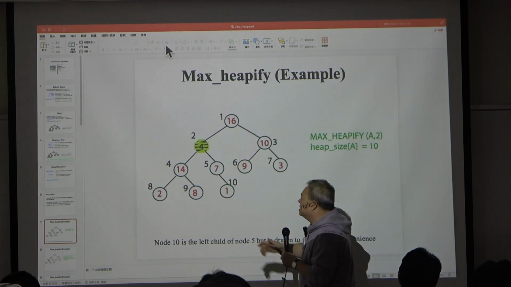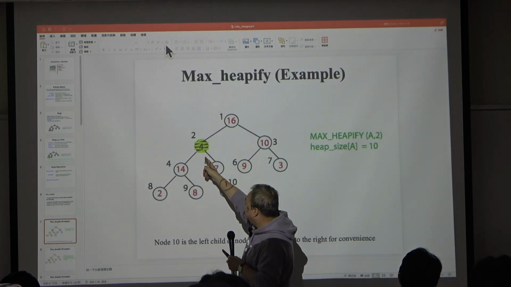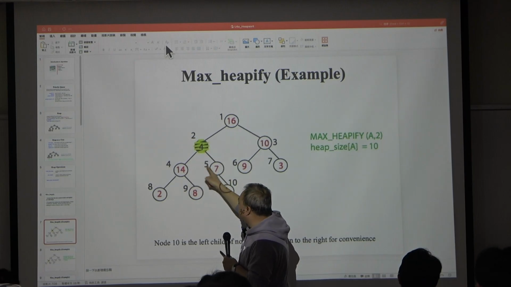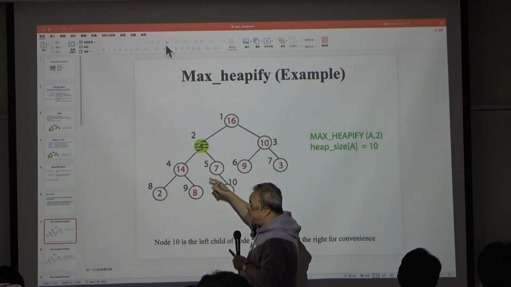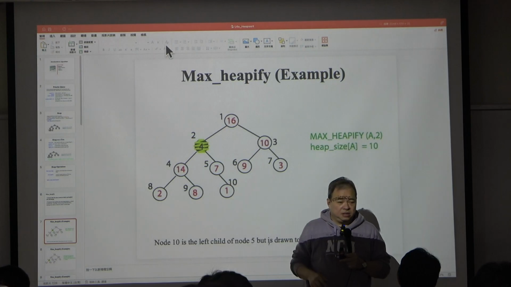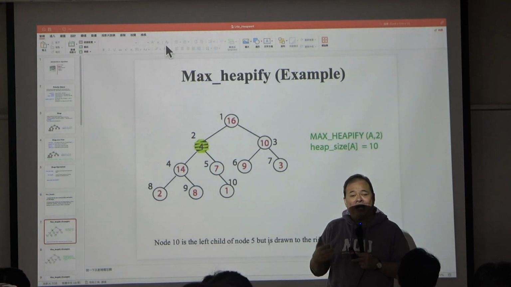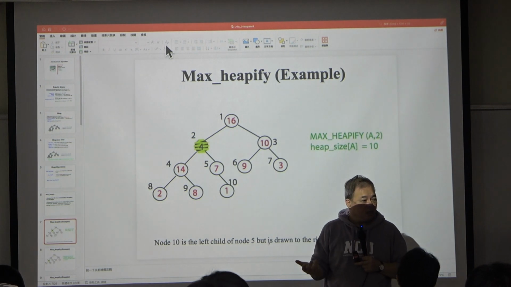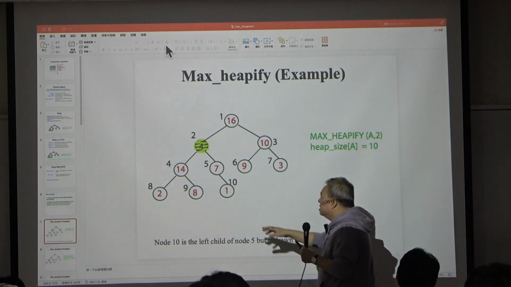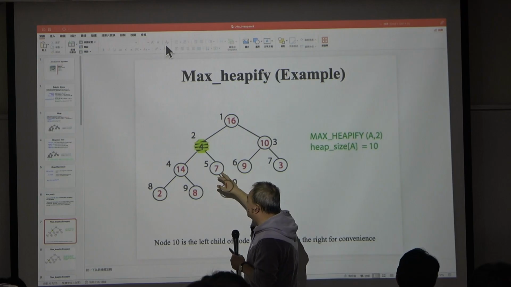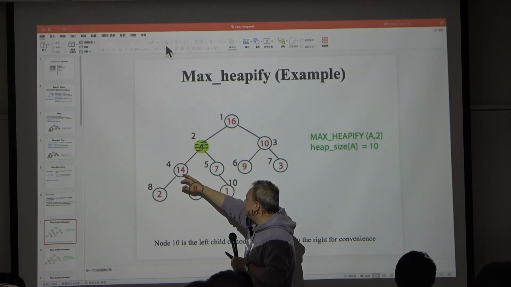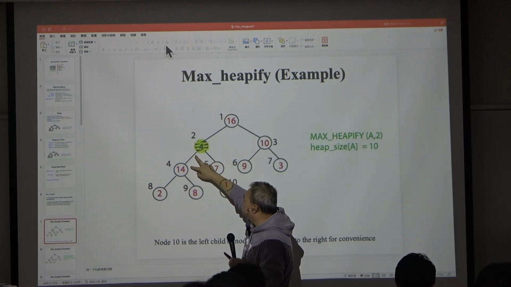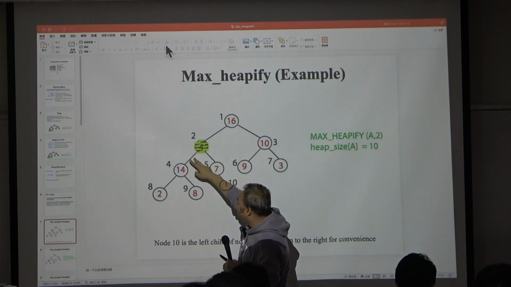You compare 4 with its 2 children, and then you promote the larger child to the top. In this case, 14 and 7. 14 obviously is larger than 4, so we should do a swap here.